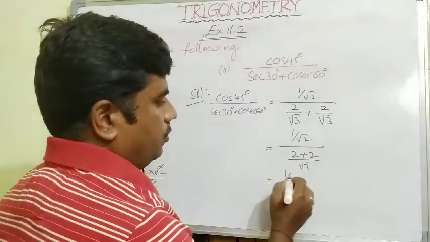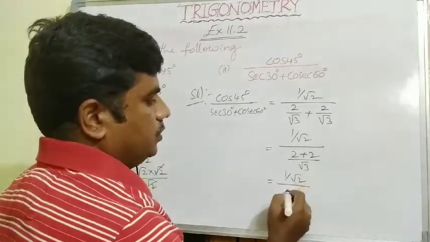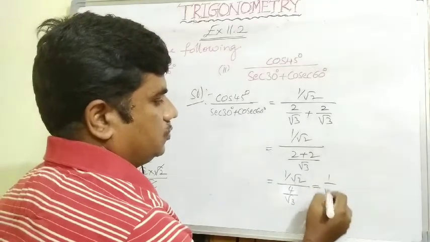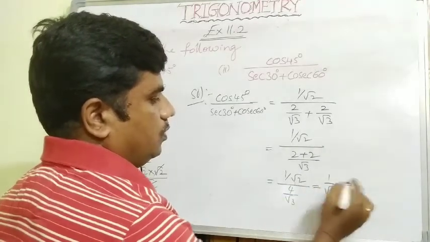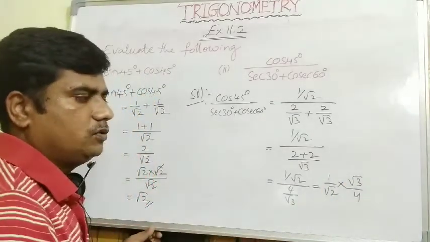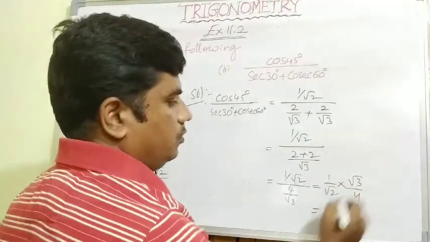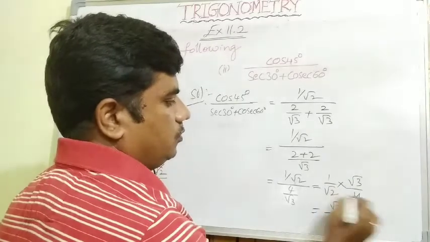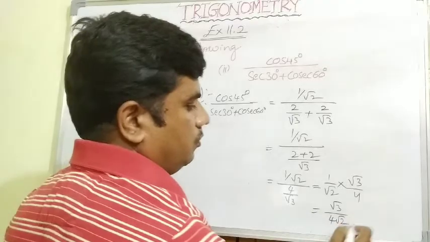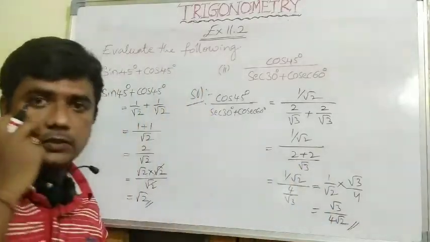So 1 by root 2 by 4 by root 3. So this value we can write as 1 by root 2 into root 3 by 4. So 1 into root 3 by 2 root 2 into 4 root 2. So root 3 by 4 root 2 is the answer.